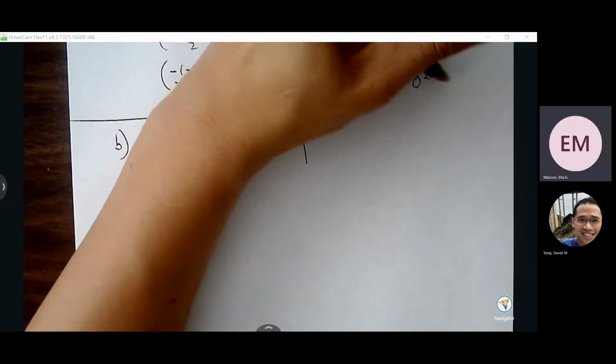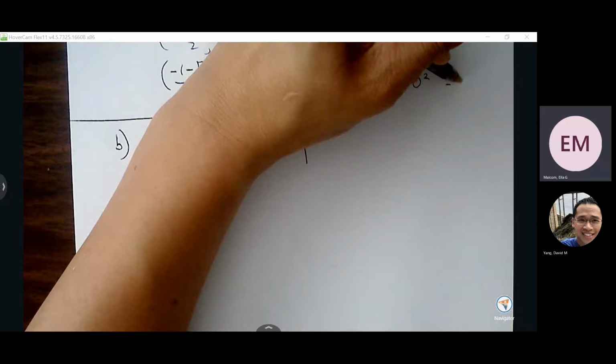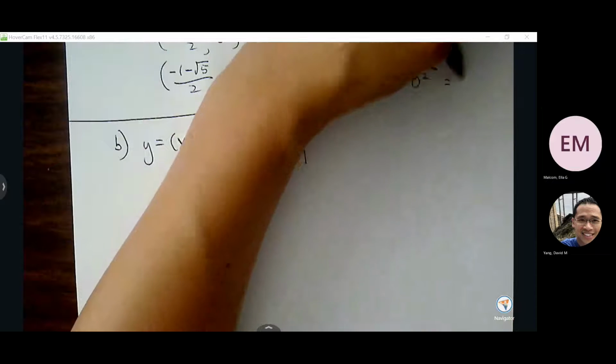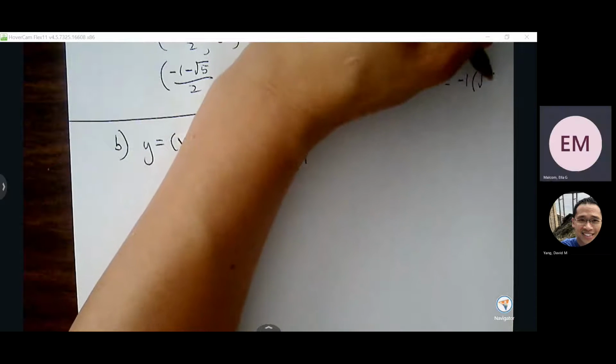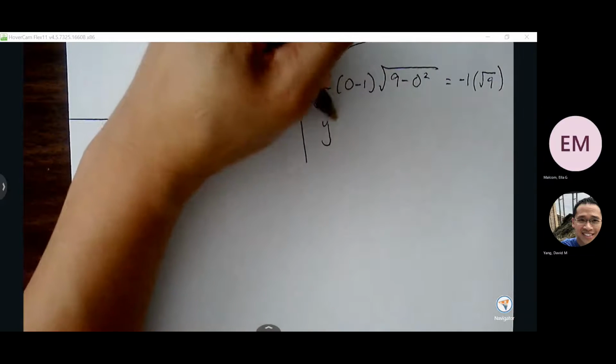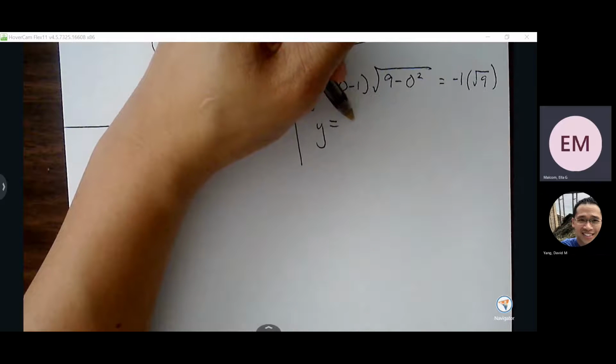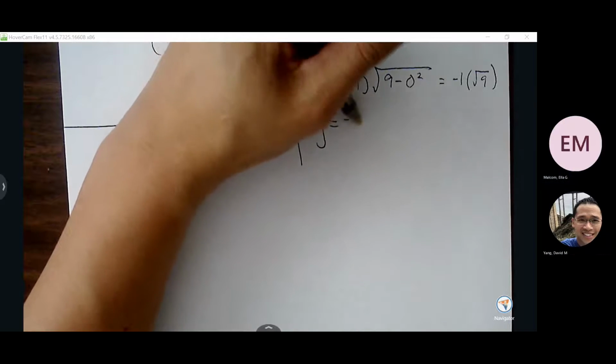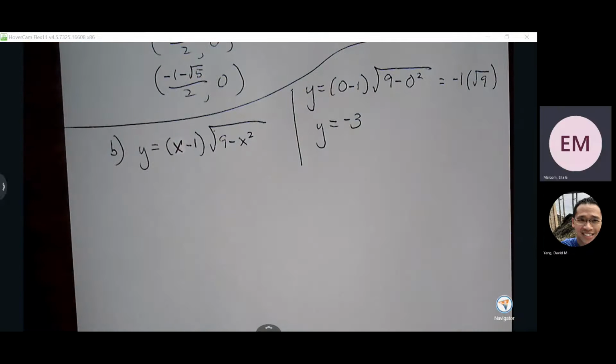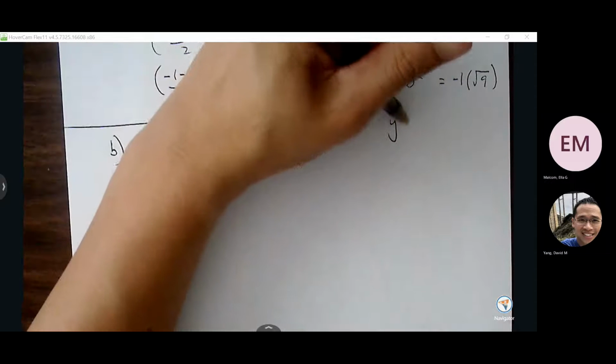So y equals -1 times root 9, which is y equals -1 times 3, right? That's right. So y equals -3.